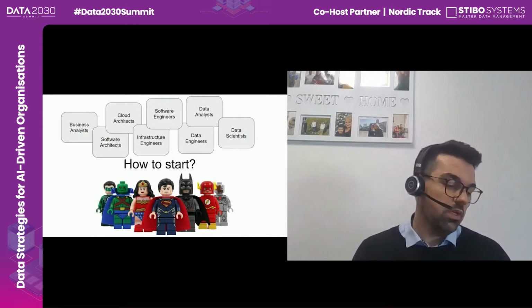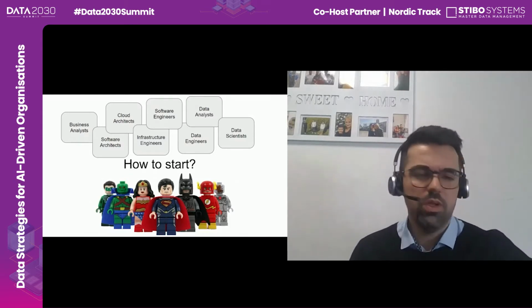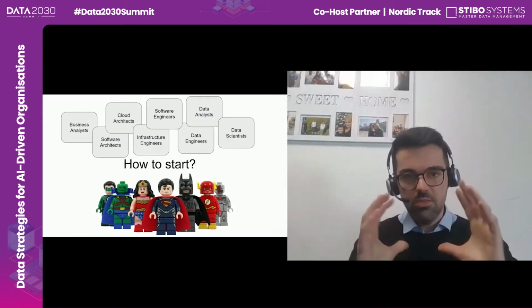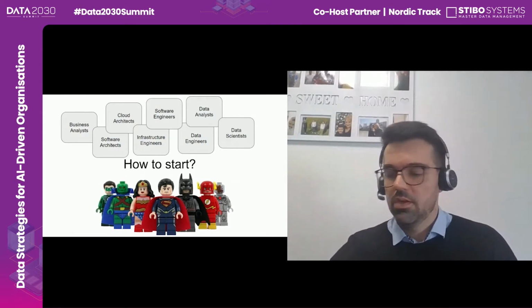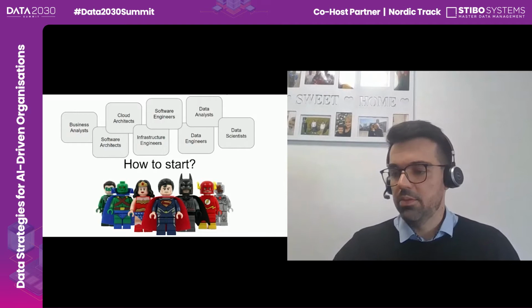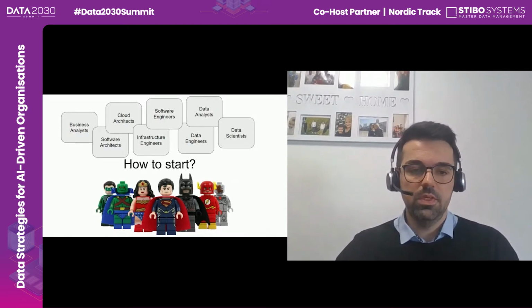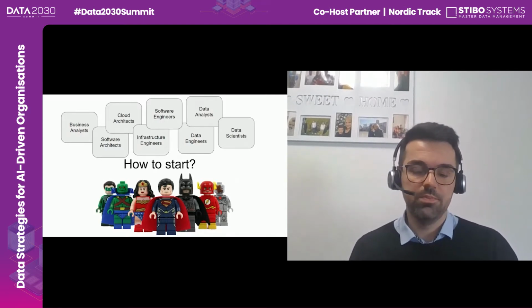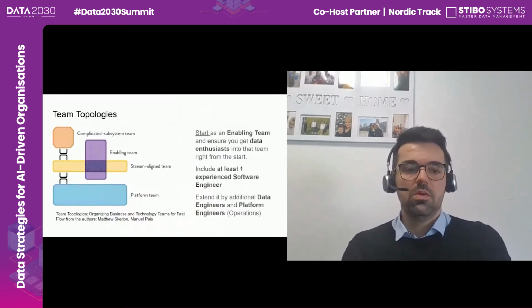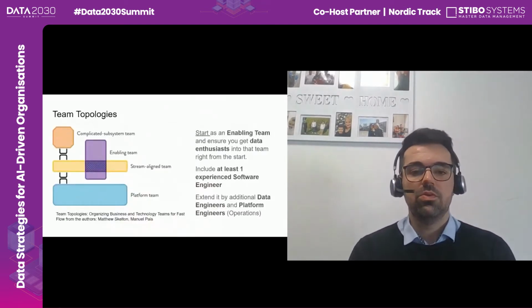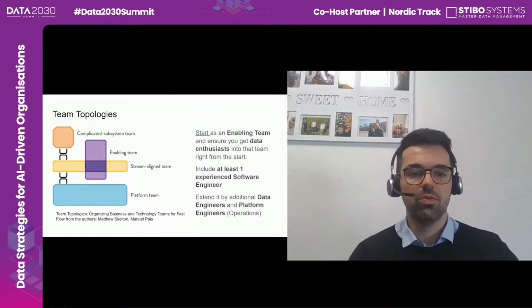So at the very beginning, people often are quite lost when forming a DataOps team, to really be able to kick off the whole topic. And now I'm going to tell you how you could have a good start.